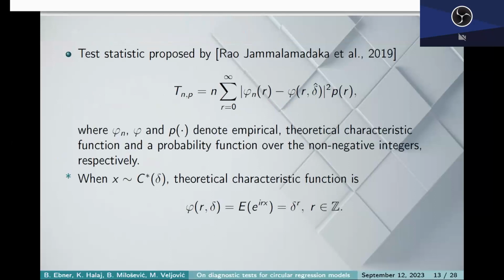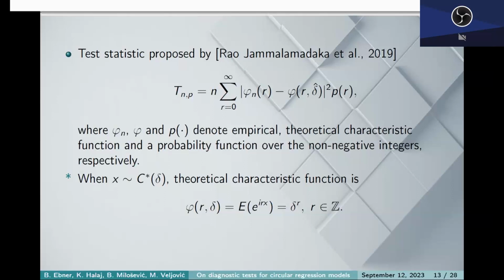The third test is proposed in the work of Yamal-Madaka et al. The test statistic is defined as a weighted L squared type of distance between the empirical and theoretical characteristic function. And in the case of the wrapped Cauchy distribution, the theoretical characteristic function is defined on the slide.